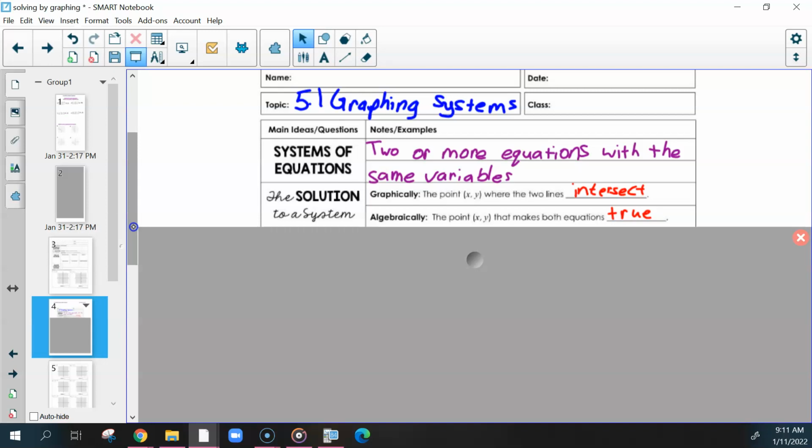So graphically, it's where the lines intersect. Algebraically, it's the point that makes both equations true. So we'll see what those two mean here in a little bit.